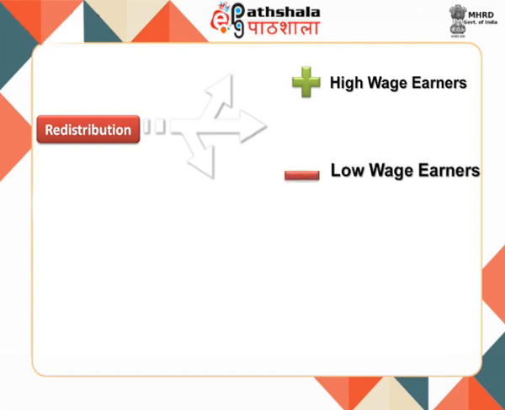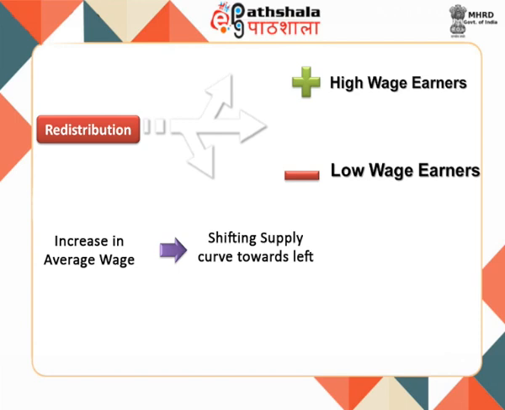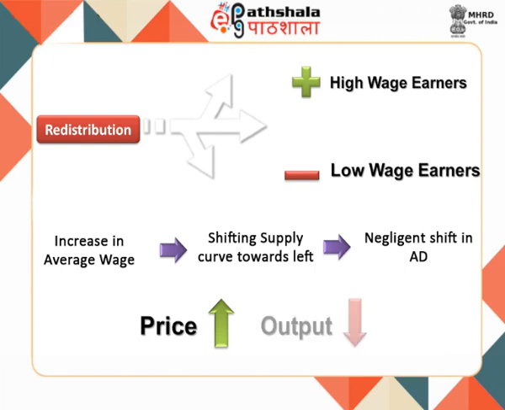Due to increase in wage rate of high wage earners, there is increase in average wage, thereby shifting the supply curve towards the left. But there is negligible shift in aggregate demand since high wage earners have a lower marginal propensity to consume than low wage earners. As a consequence, price level rises, but output reduces, thus worsening the overall situation in an economy.